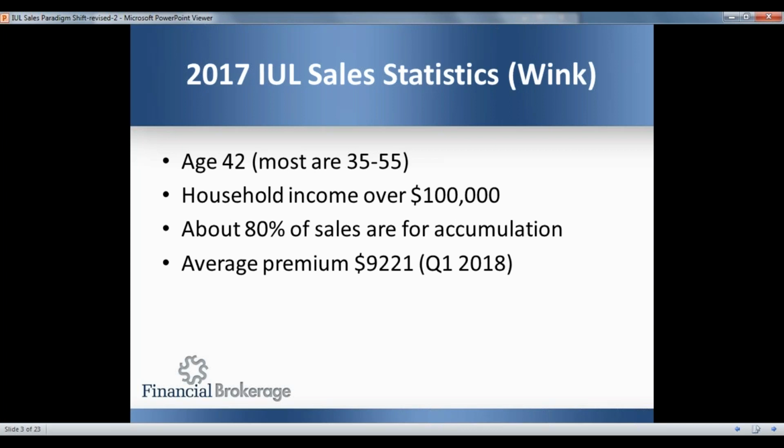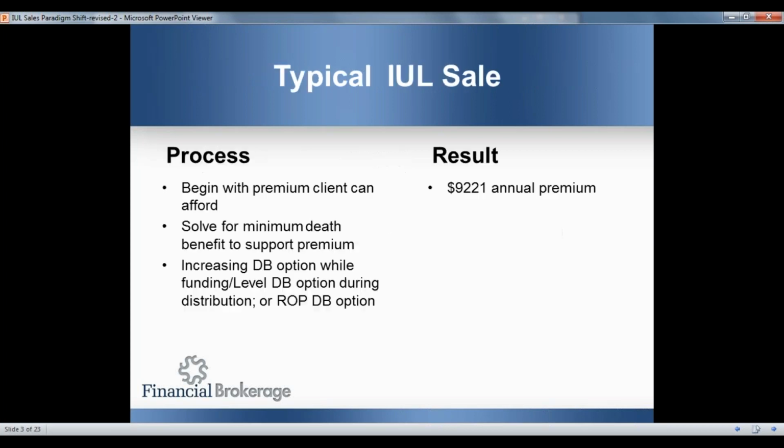Client wants to put in X amount of dollars, right? And for this purpose, I'm going to say that X amount is just over $9,000. All right, so I really just described this slide a second ago. When we do this, oftentimes we begin with the premium the client can afford.